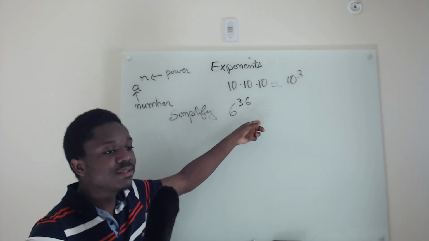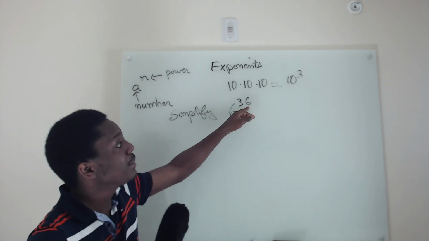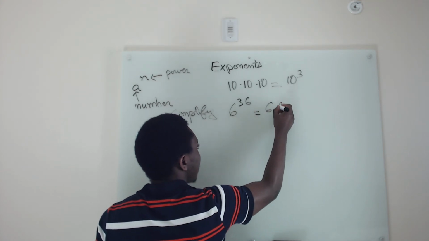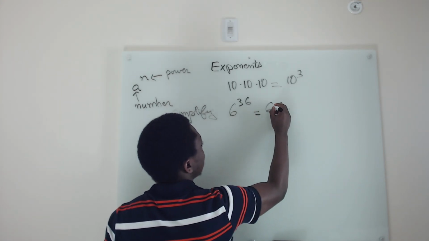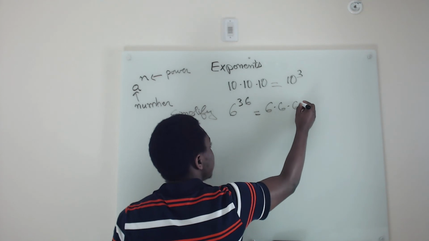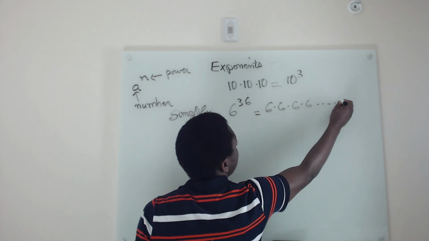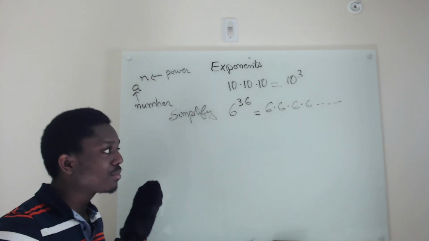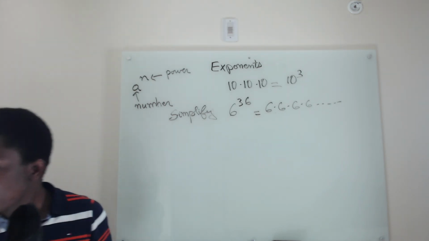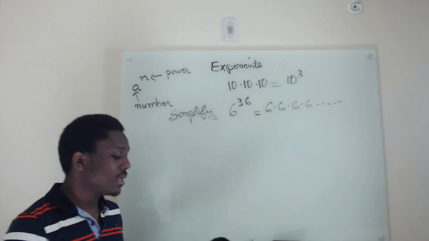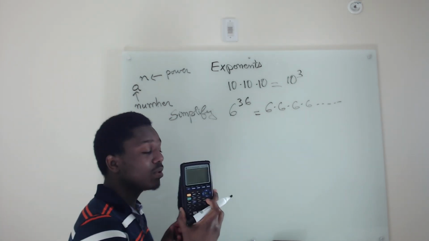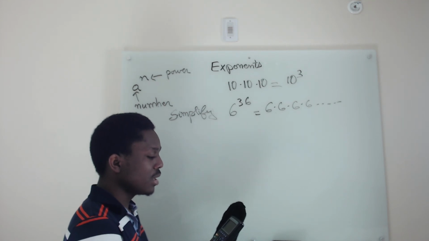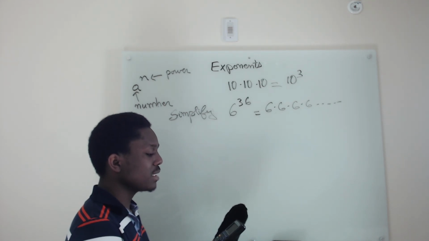So in order for you to simplify this, when it is in exponential notation, since this is a really big number, instead of writing 6 times 6 times 6 times 6, how many times? 36 times, you just have to use a calculator, and I am using the TI-83 Plus, and you put in 6 to the power of 36.